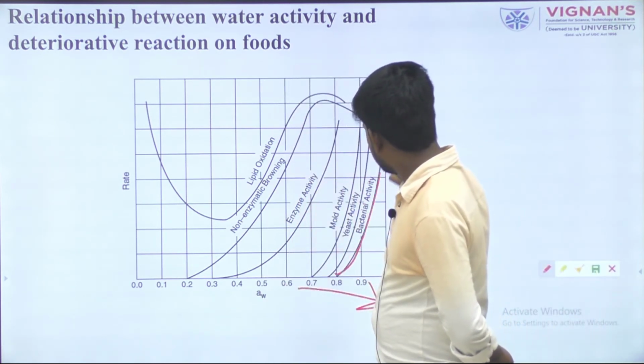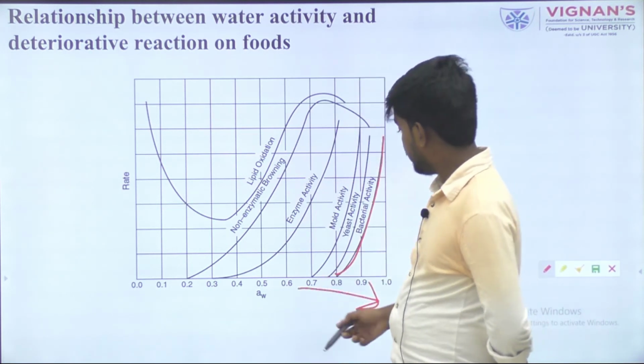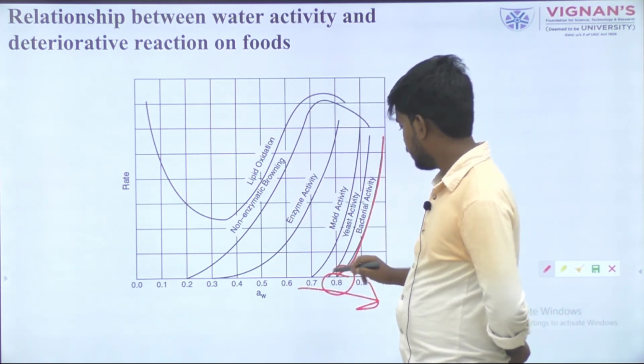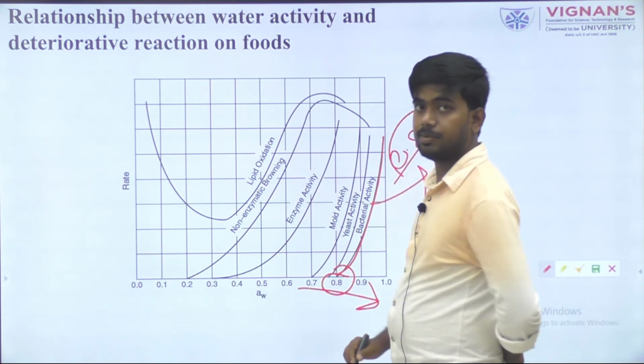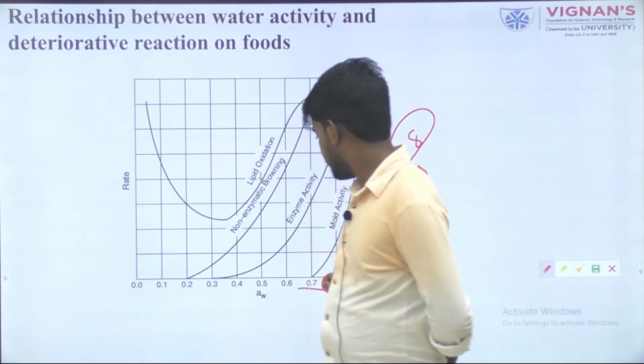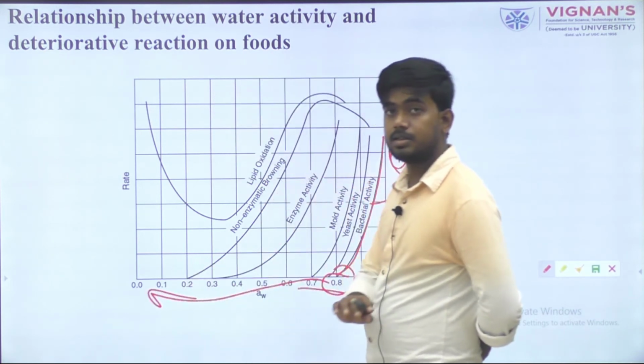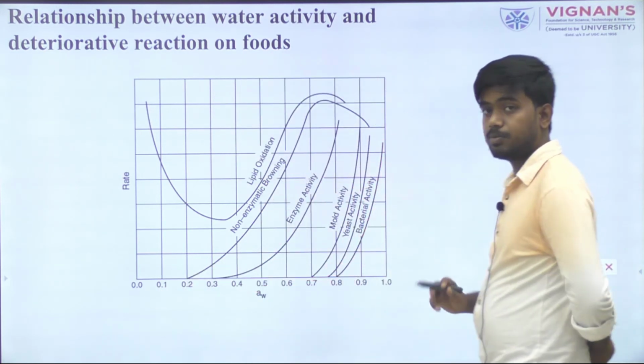Bacterial activity starts only if the material has a water activity value greater than 0.8; otherwise no bacterial activity takes place in that entire process.